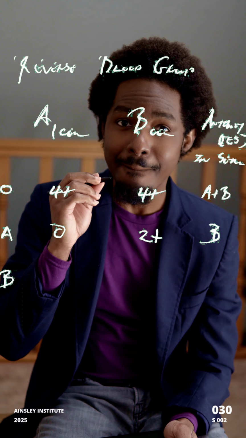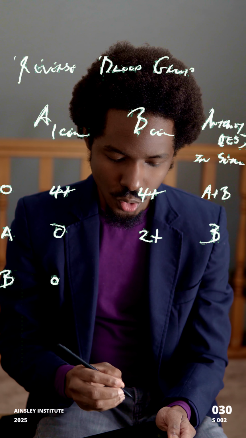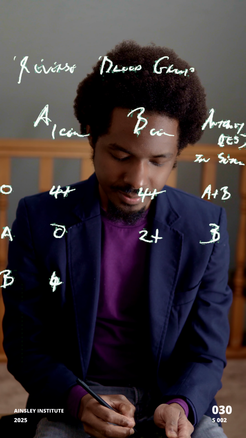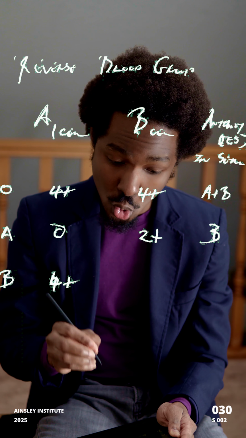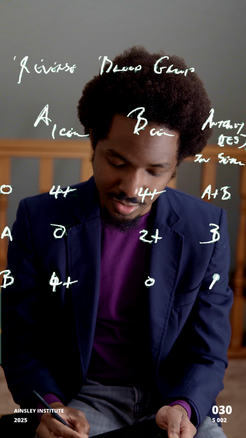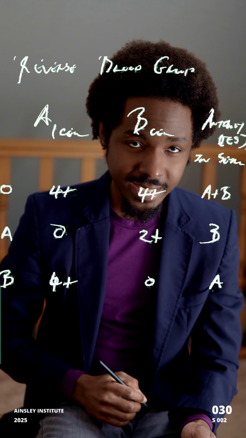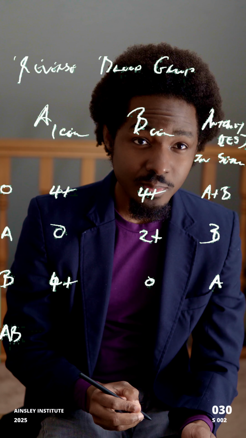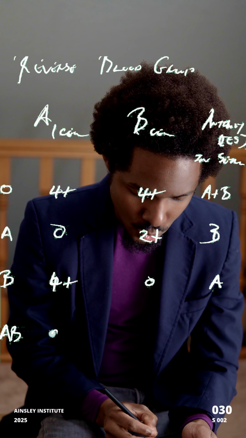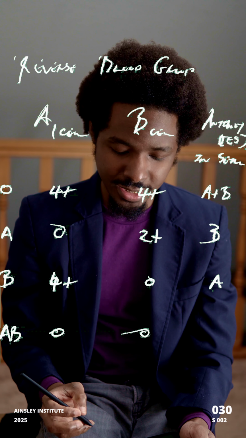When a person is B, we're expecting a reaction in the A, but no reaction in the B, because they have A. Now, when a person is AB, we're expecting no reaction in the A and no reaction in the B.